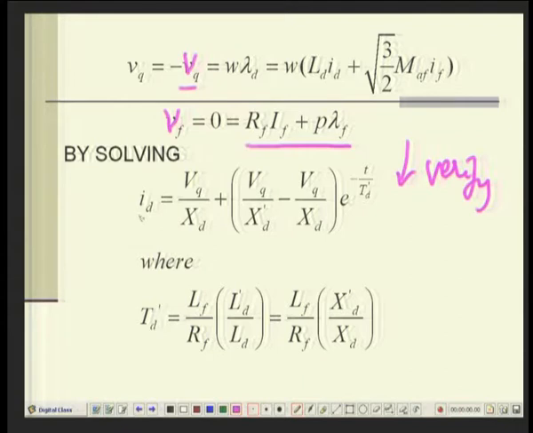And we have Id is Vq by Xd plus Vq by Xd dash minus Vq by Xd, e to the power of minus t by Td dash, where Td dash is Lf by Rf into Ld dash by Ld, or Lf by Rf is Xt dash by Xt, and Td dash is called the d axis transient short circuit time constant.